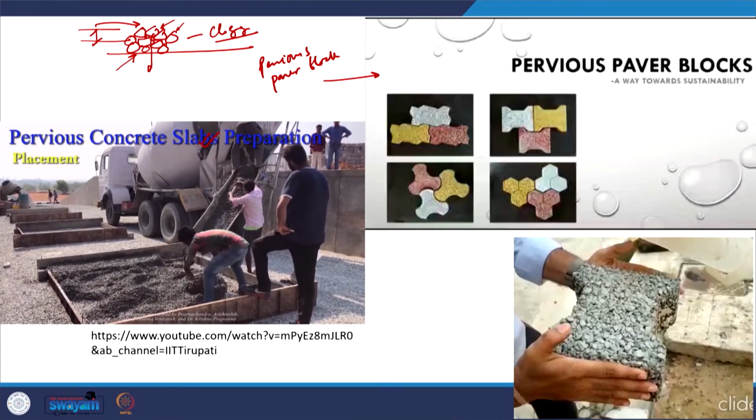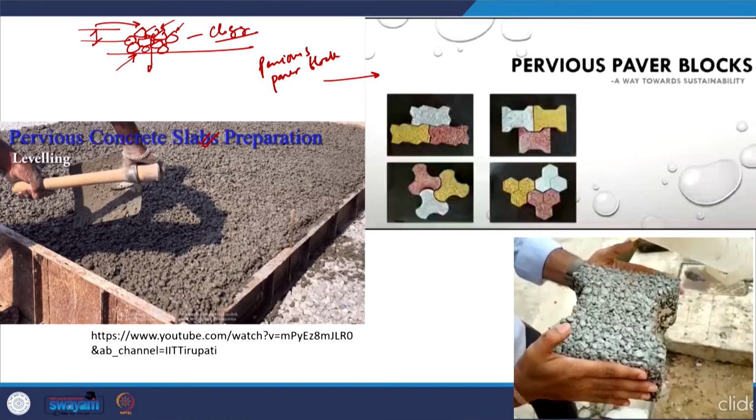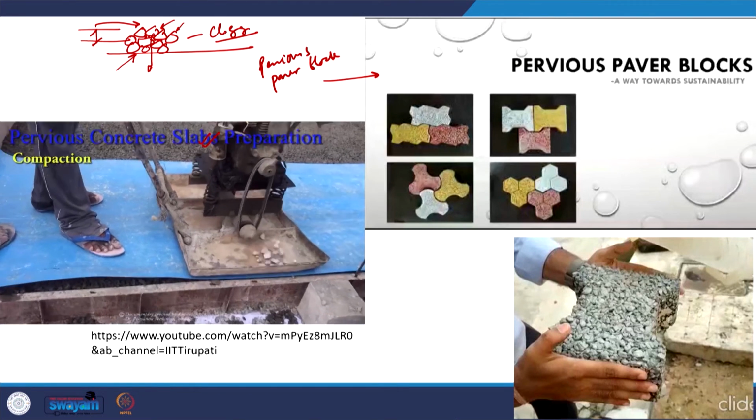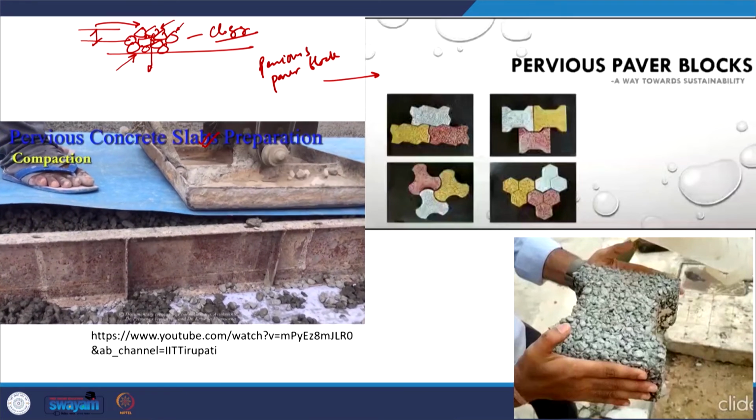Spreading of the pervious mixture. This is light vibration again.